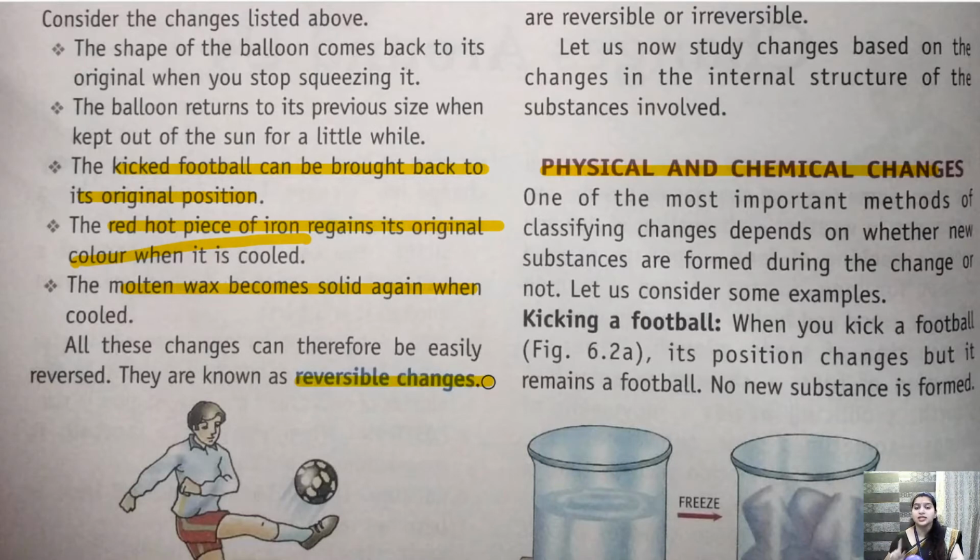Children, always remember, in a reversible change, there is no change in the internal structure. Their shape can be changed, their size can be changed, their color can be changed. But the internal structure, the molecule of that substance will remain the same. There will be no change in case of reversible change.